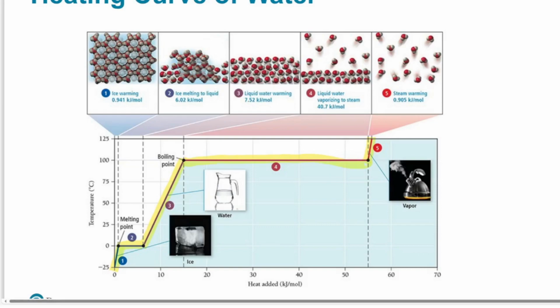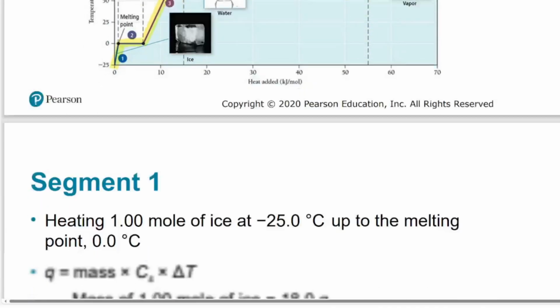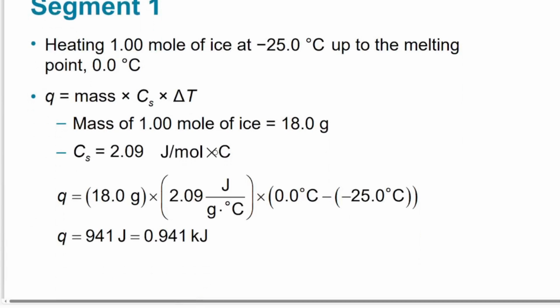Here is region 1, region 2, region 3, region 4, and region 5. In segment 1, we're heating 1 mole of ice from, say, negative 25 degrees C up to the melting point. We're governed by the Q equation, where Q is equal to m C sub s delta T, where C sub s is the C sub s for ice.